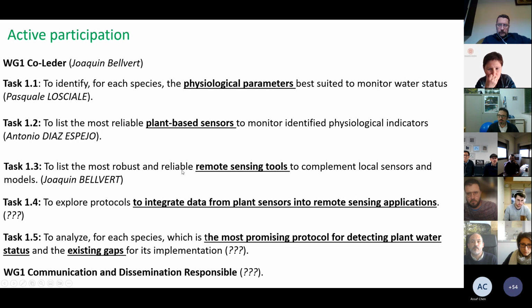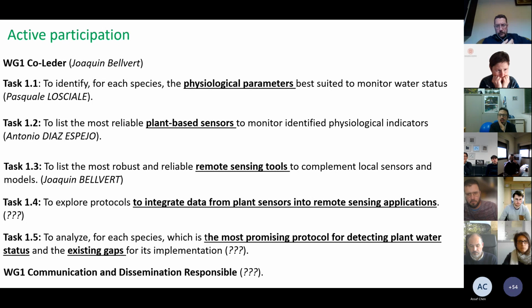The 1.3 about remote sensing will be led by Joaquin again. And now the task 1.4 is about exploring protocols to integrate data from plant sensors into remote sensing applications.